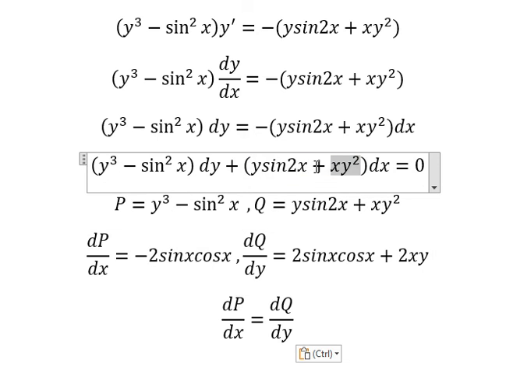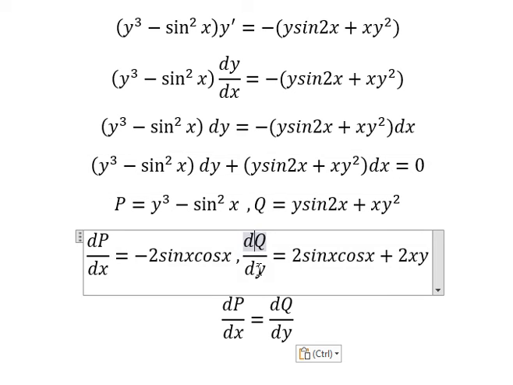But on this one we have y and y, we can do factorization. This one 4 sine x cosine x times y, we can do another factorization by number 2. Later we can simplify by this one. So we know that this is about dx, and we can use dq over dy.